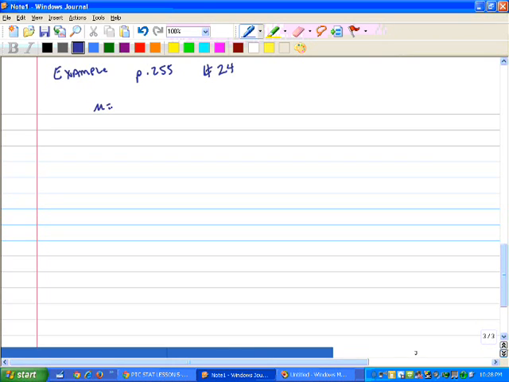So our mean is 197 milligrams and our standard deviation is 37.7 milligrams. Part A asks us what percent of women have a total cholesterol level less than 217 milligrams per deciliter of blood.